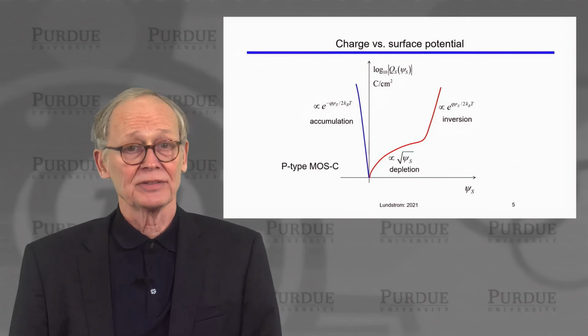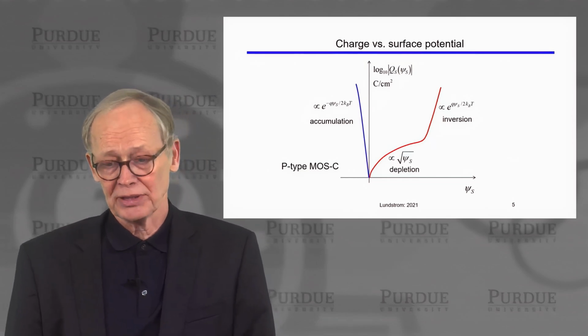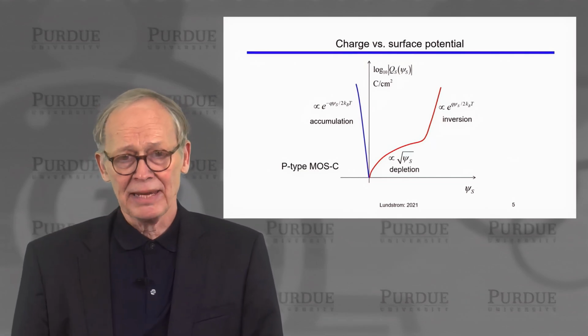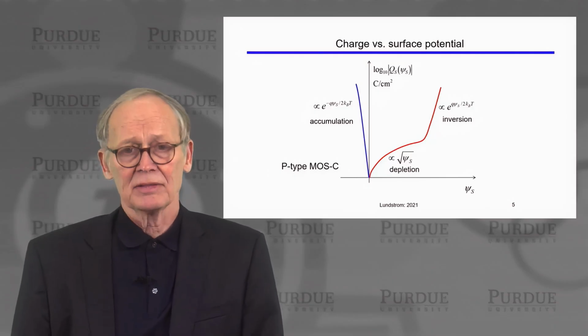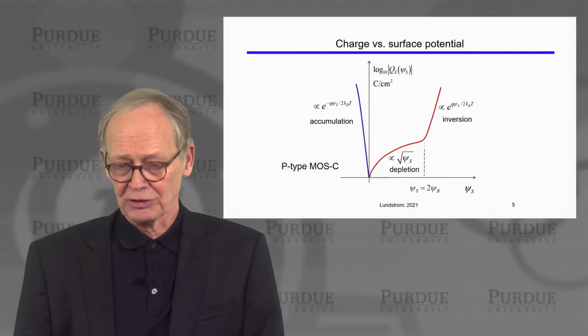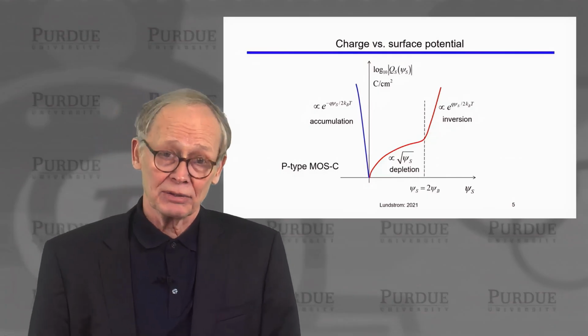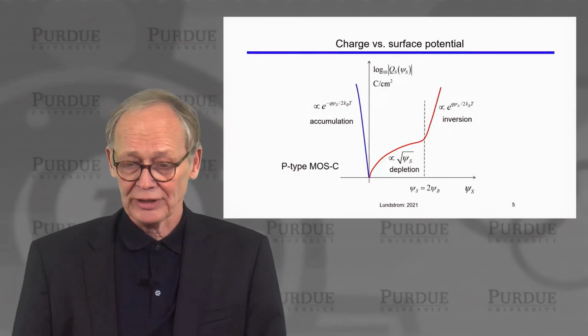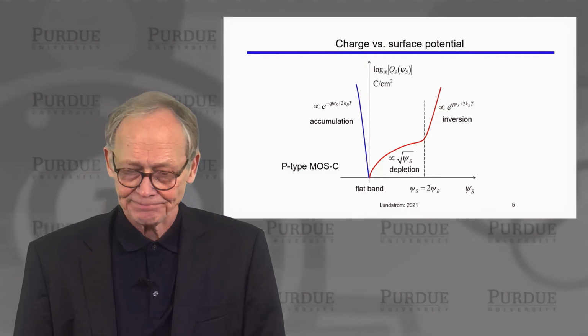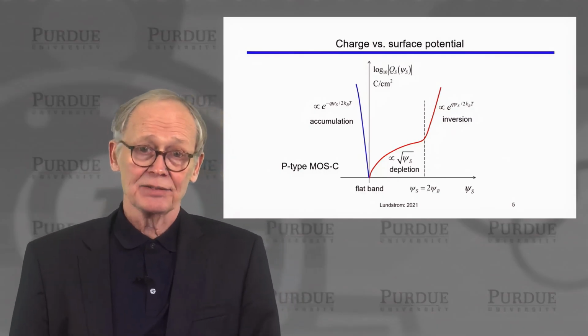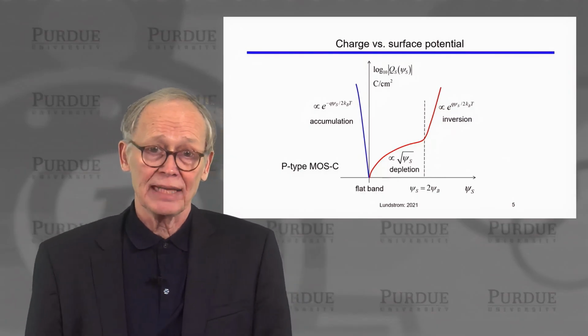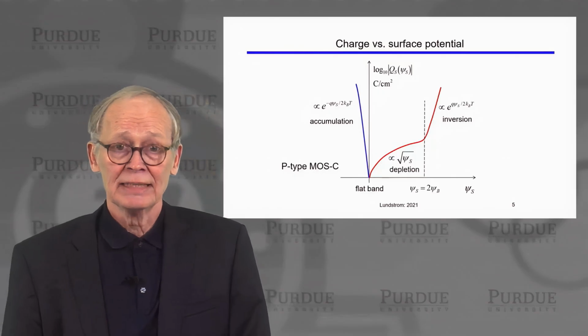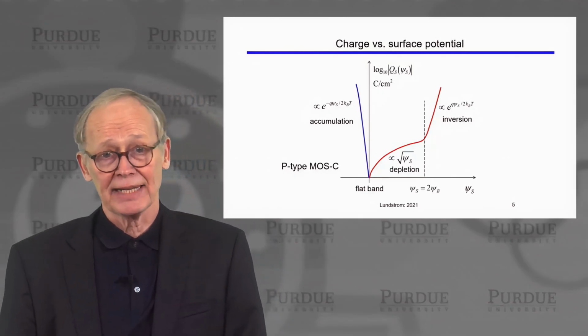The charge increases as the square root of surface potential. But then if we bend the bands far enough, the semiconductor inverts and the charge builds up exponentially. That occurs at a critical band bending of 2 psi b. The flat band condition is when the bands are flat and there's no charge in the semiconductor, so that occurs between accumulation and depletion.